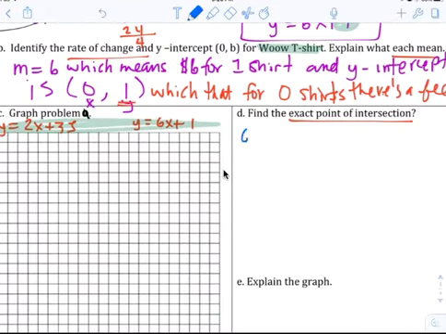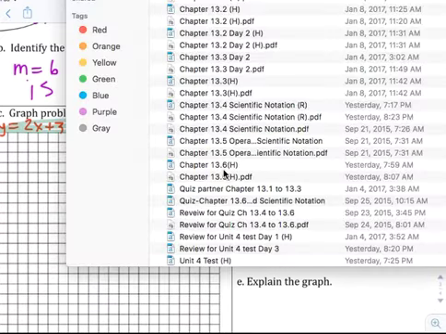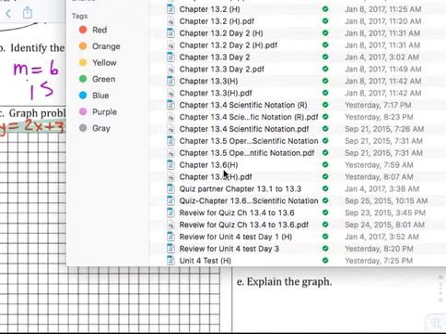So you get 6x plus 1 equals 2x plus 35. And then you minus 2x, get 4x plus 1 equals 35. Okay, and then you minus 1.